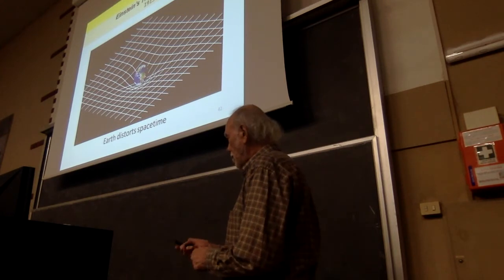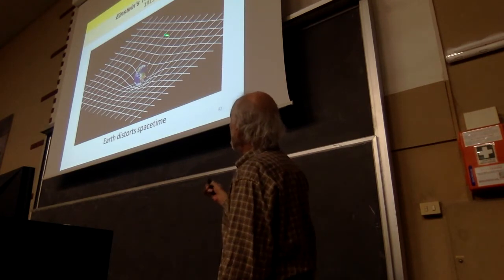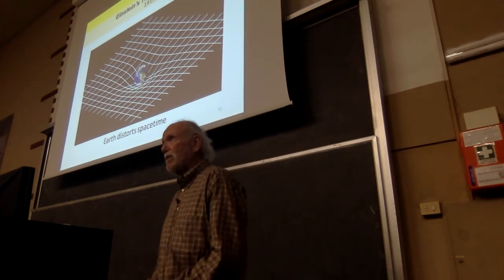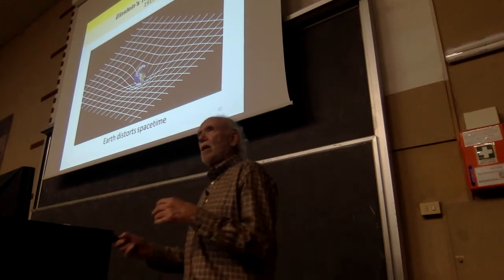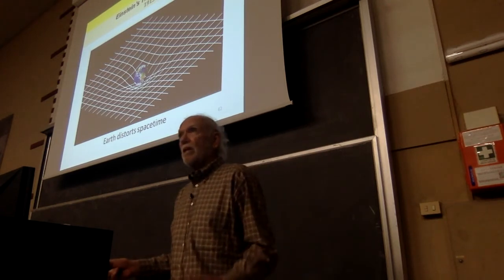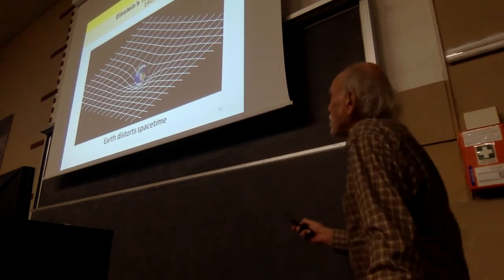If you look out here, they're fine, but if you look near a mass, each of these points got distorted in space, which we see here, but also each of these points is distorted in time. So it's space and time together. I just can't show you that pictorially.